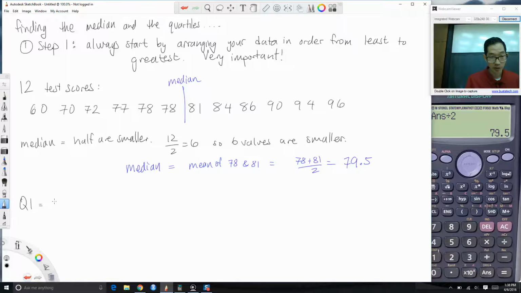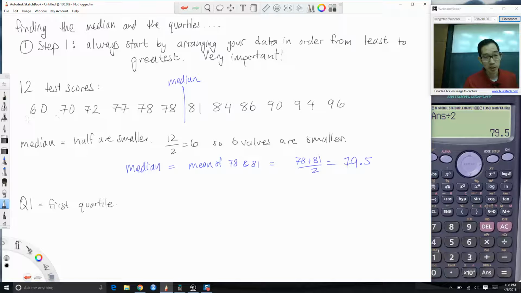Then to get our quartiles, Q1 is the first quartile. If you want to split a piece of bread into quarters, you'd probably cut it in half, and then you'd take each of those halves and cut those in half, right? That's exactly what we're going to do. We got 12 here. We took the median, and that split it in half.